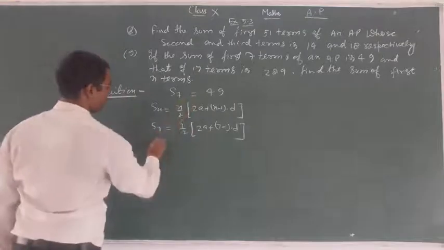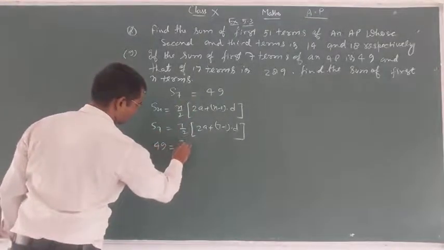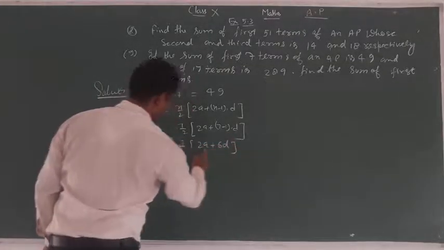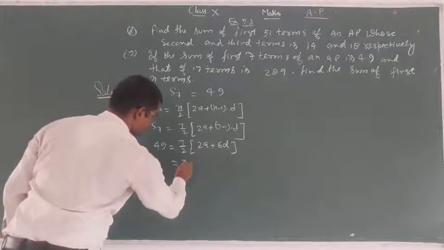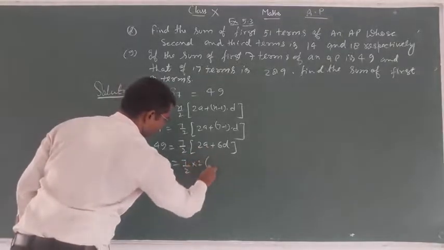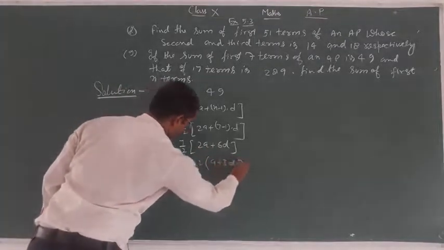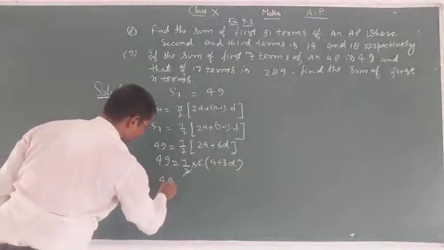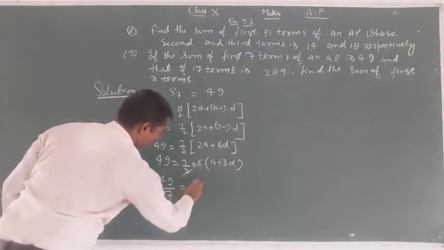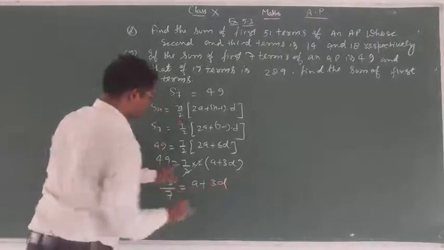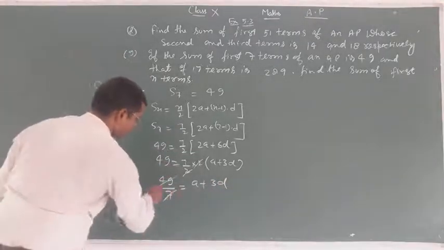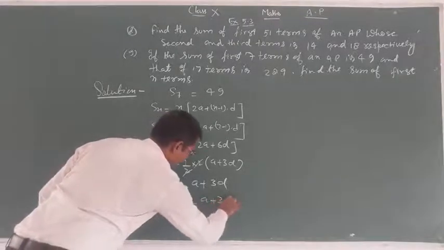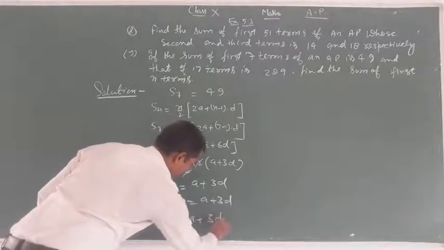So S7 means 49 is equal to 7 upon 2, 2a plus 6d. So take common 7 upon 2 multiplied by a plus 3d. So 2 cancels out. So 49 divided by 7 is equal to a plus 3d. So 7 is equal to a plus 3d. So a plus 3d is equal to 7.